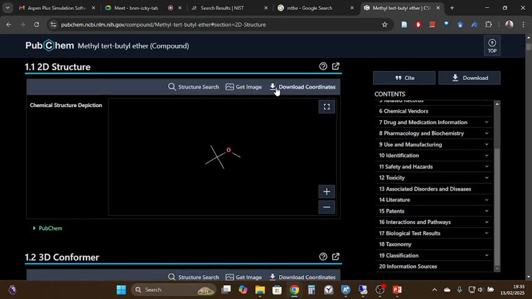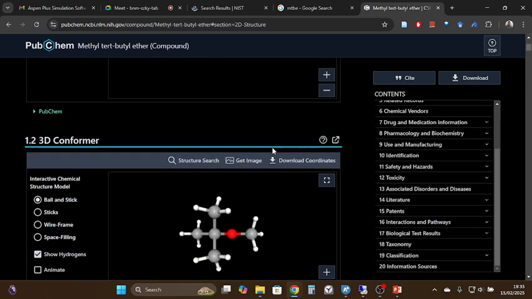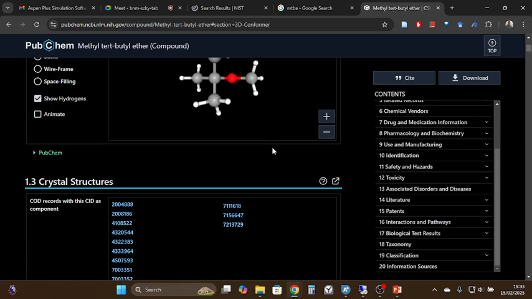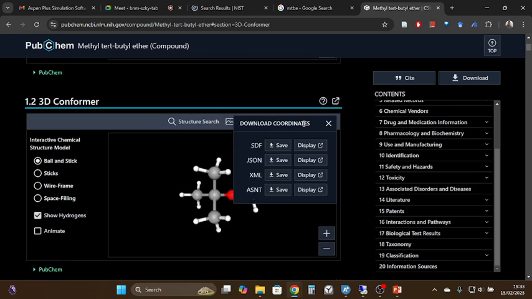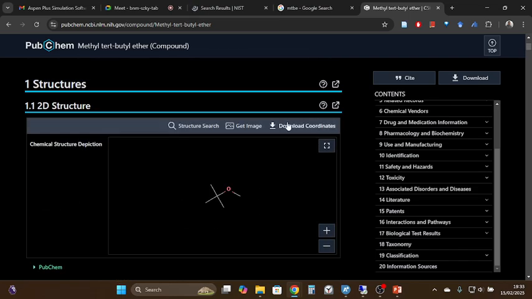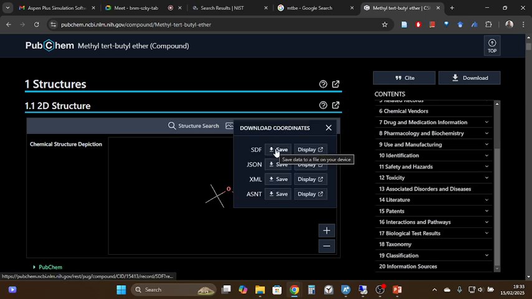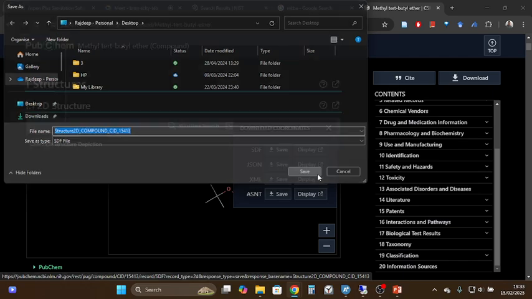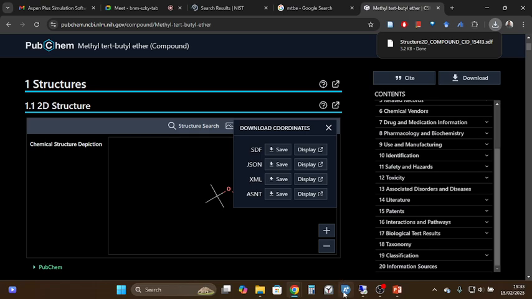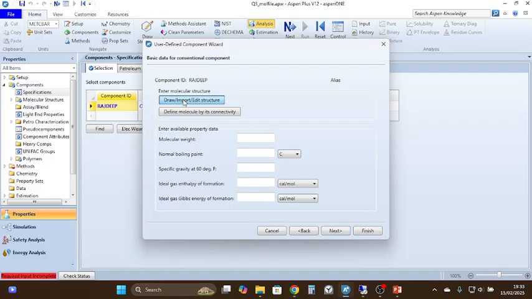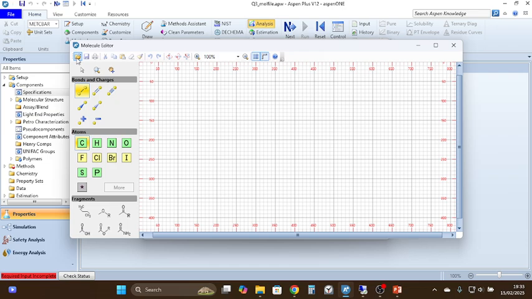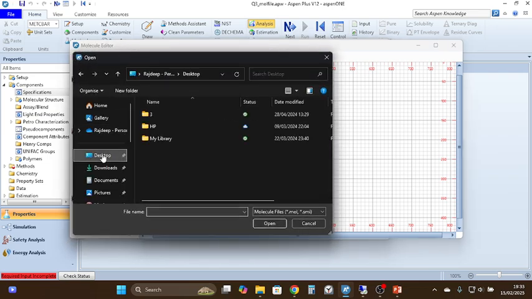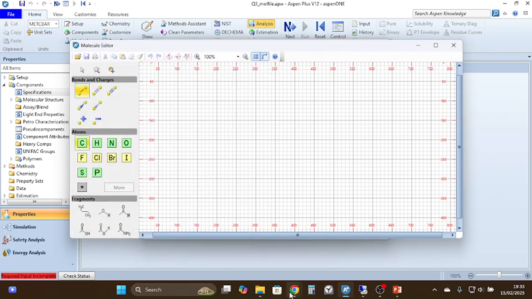See if this download works. So from this option of draw and import, I'm going to open the file, but it is not supporting that file format.